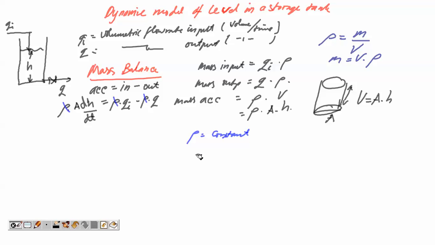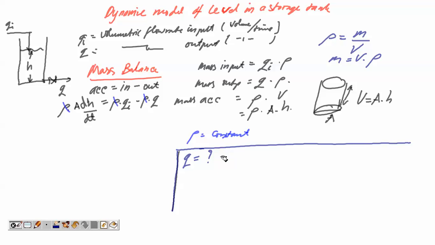Q, the volumetric flow rate of output, can be found by the Bernoulli principle. If there is only natural force, meaning potential and energy force only, and there is no pump here, then we can find Q. What is Q?